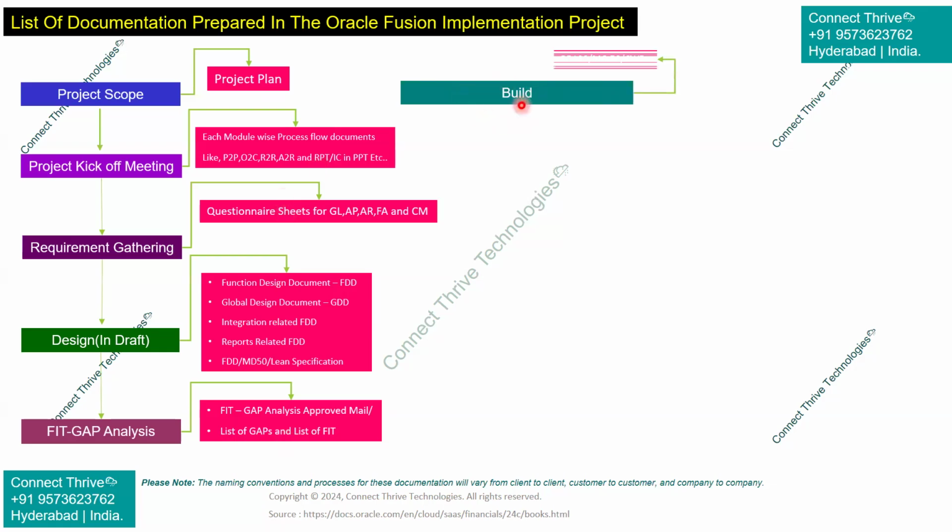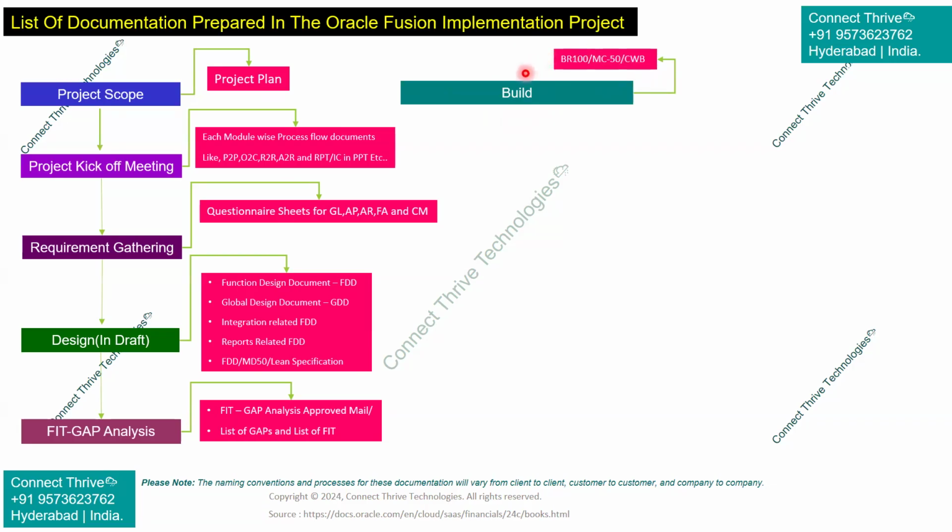In the build stage, we will prepare the BR100, MC50, or CWB. These three naming conventions are the same. BR100 is a very old name which was used in ABS. MC50, a few customers call it manual configuration, and nowadays most people are calling it CWB, the configuration workbook.